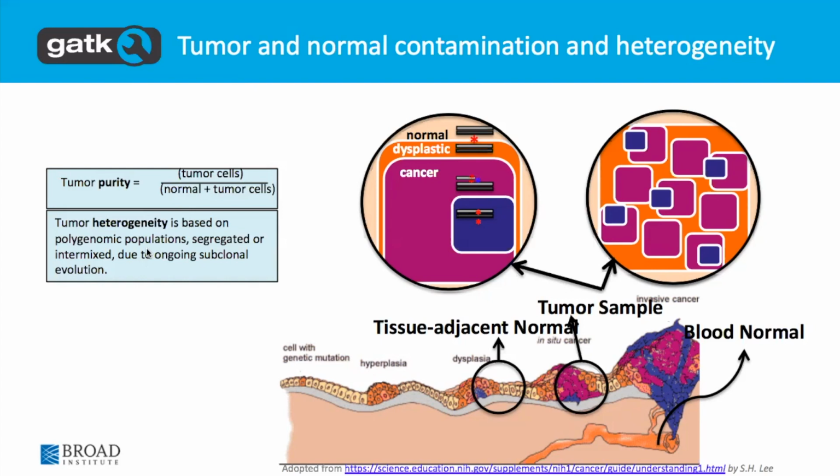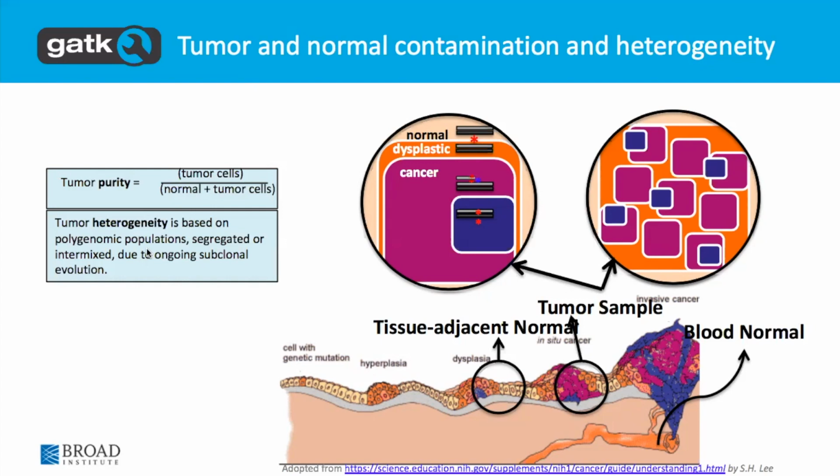Depending on how you're taking the sampling, and honestly the skill of the pathologist who's making the sampling, you can have more or less normal tissue that contaminates your tumor. And at the same time, you can have the reverse problem, I should say. Sometimes cancer cells migrate and end up in your normal sample.